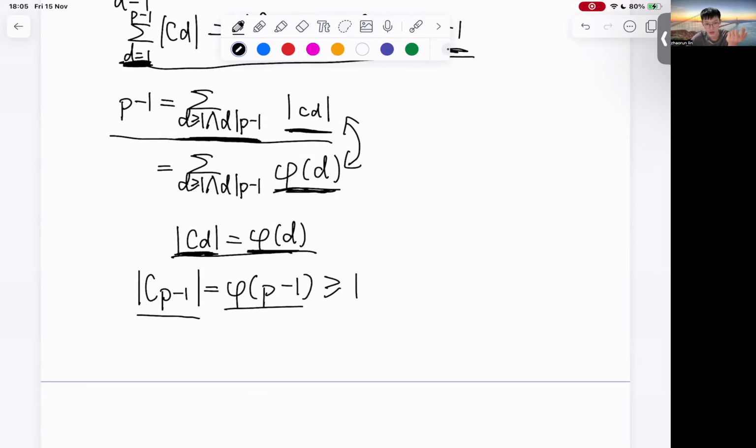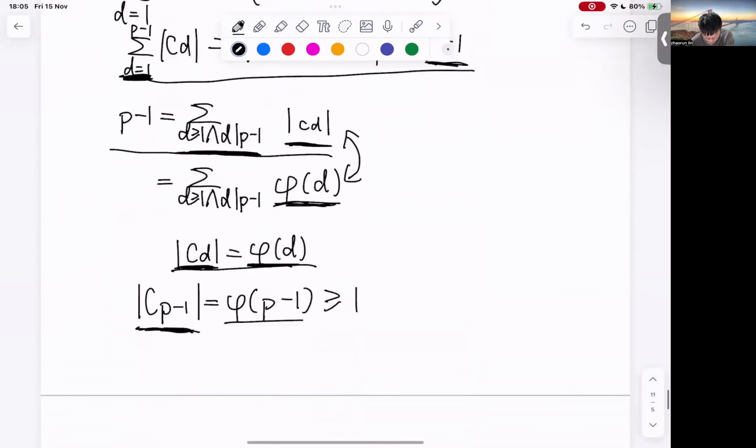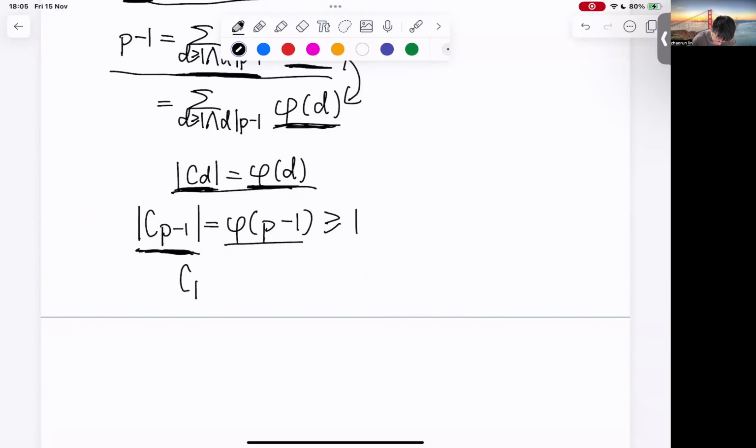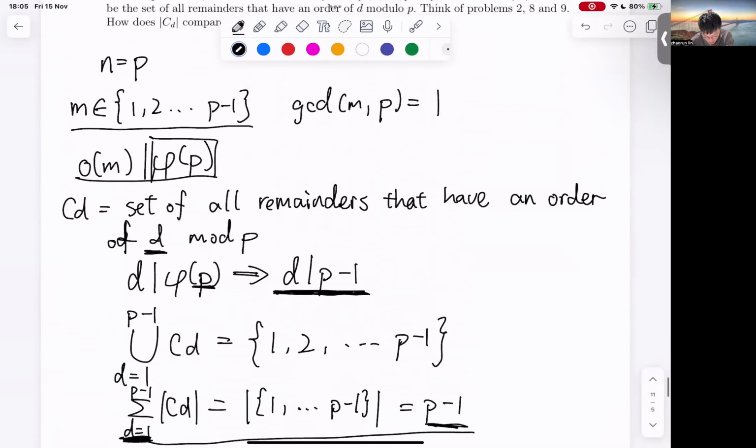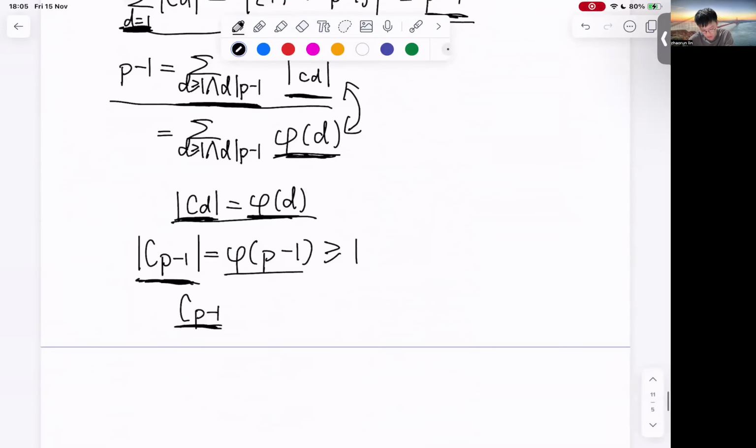So the size of this set is at least 1, which means we have at least one remainder that has an order of p minus 1 modulo p.